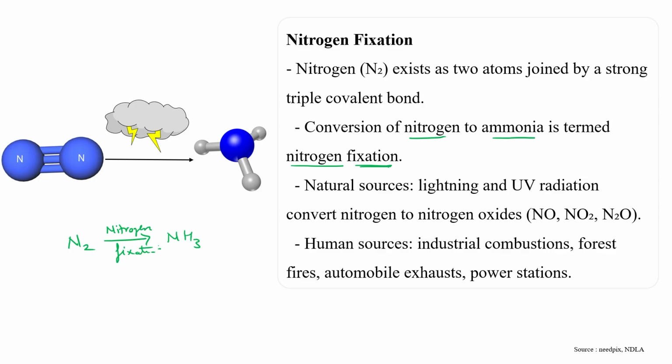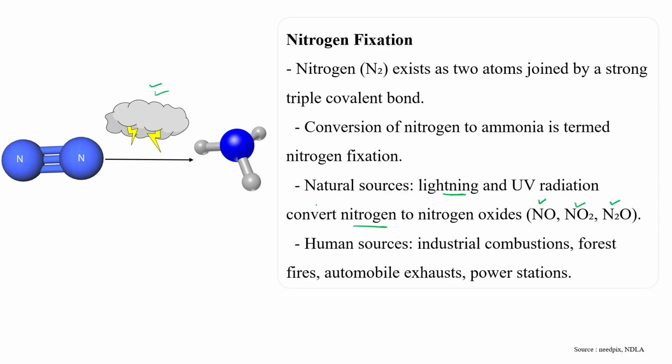Okay, so what are the natural sources? Lightning, as you can see in this particular picture, lightning. UV radiation. In the presence of lightning and UV radiation, normally this nitrogen gets converted into various nitrogen oxides like NO, NO2, N2O.